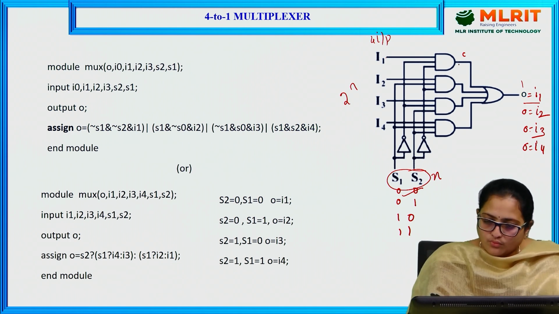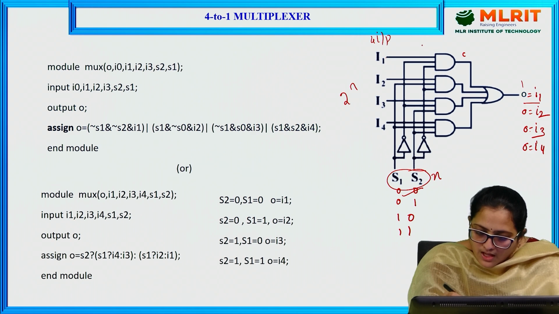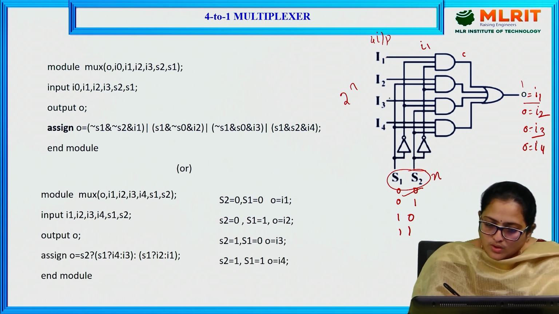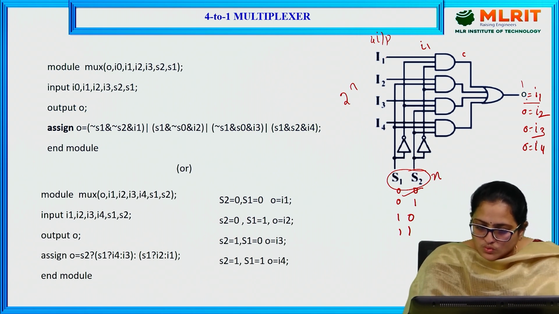It requires 4 AND gates and 1 OR gate, with the AND gate inputs being the data inputs along with S1 not and S2 not. For these, you need to assign wires. I1, I2, I3, I4, S1, S2 are the inputs, O is the output.